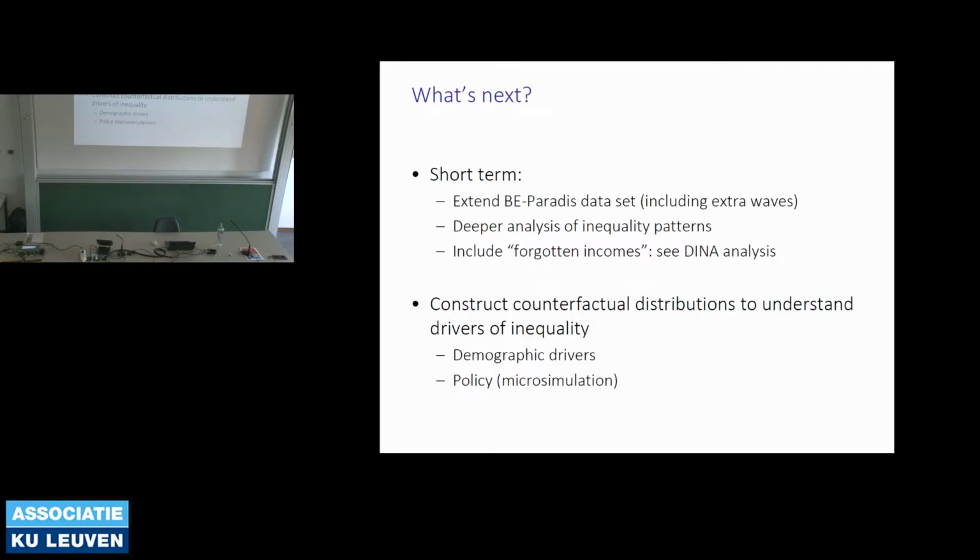We can look at something like a growth incidence curve and so on. It would be nice also to, and now I go a bit against time in this workshop, try to include some of the insights of the distributional national accounts in our analysis. That's what André is going to talk about in a minute.